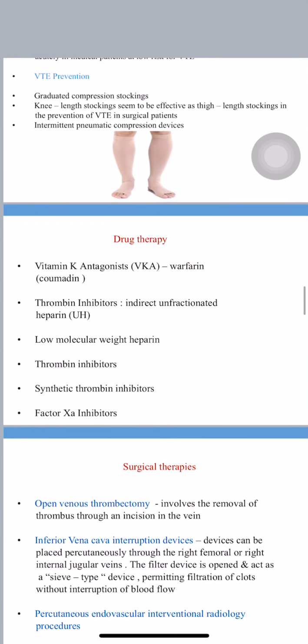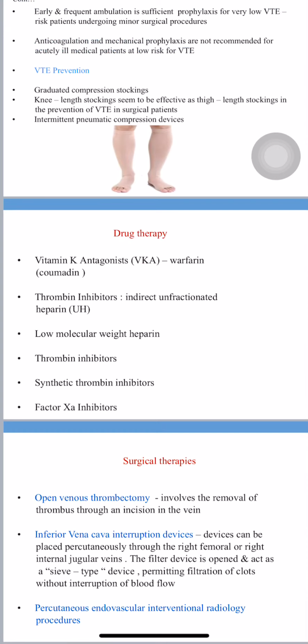Next is drug therapy, which mainly includes vitamin K antagonists. These are oral anticoagulants for long-term or extended anticoagulation. The main drug is warfarin.